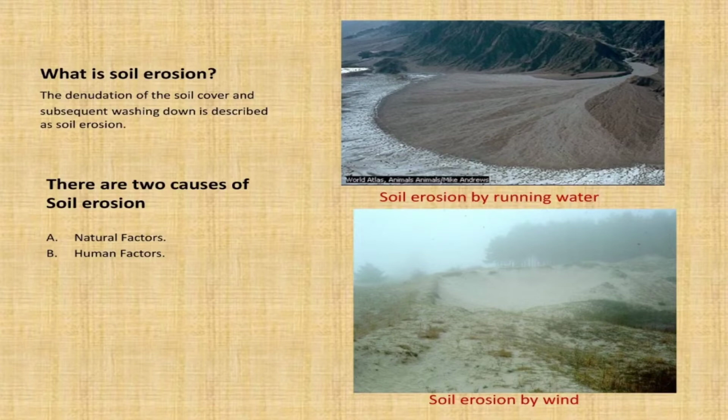Accelerated erosion refers to the increased rate of erosion caused by various land use changes effected by man. Thus, soil erosion normally means accelerated erosion, which is called man-induced erosion.